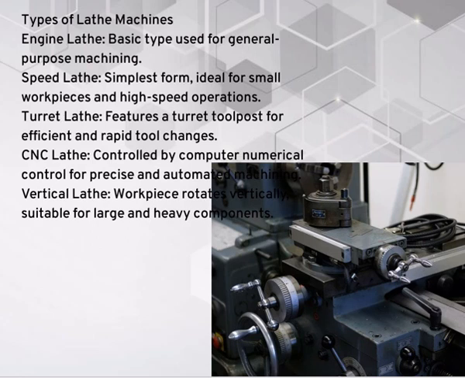There is also the CNC lathe, controlled by computer numerical control for precise automated machining. There is also the vertical lathe, where the workpiece rotates vertically, suitable for large and heavy components. There are many more types of lathe machine, but the one we mainly use is the engine lathe.